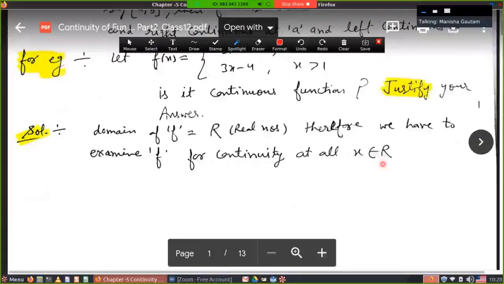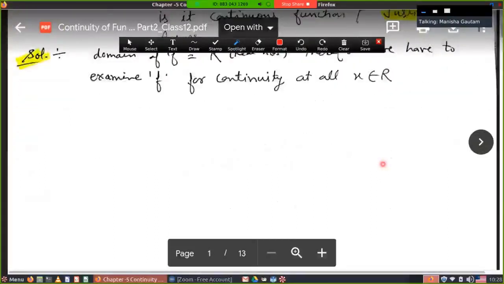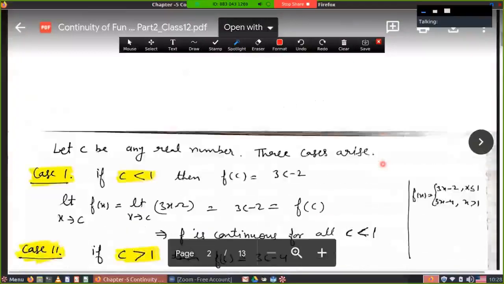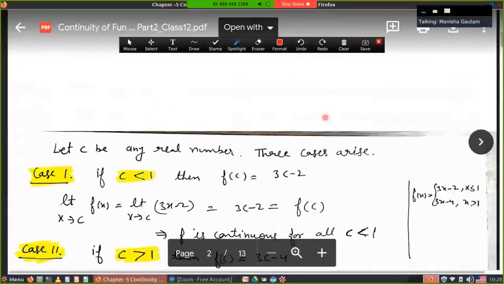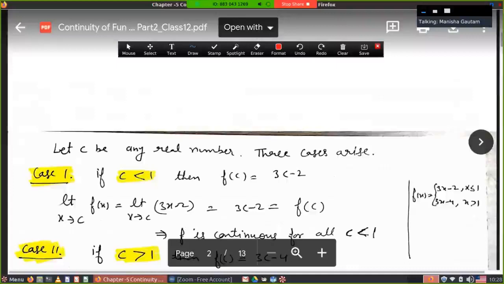Now 3 cases will be there. Let C be any real number. 3 cases arise. First case, when C is less than 1. As written on the previous slide, consider the number line.